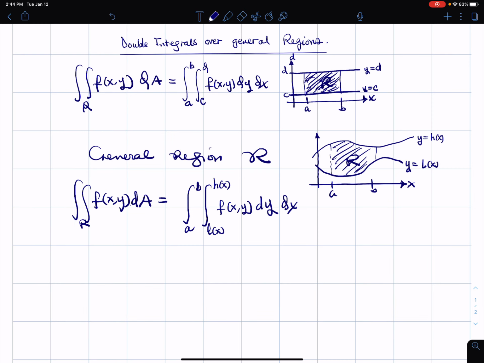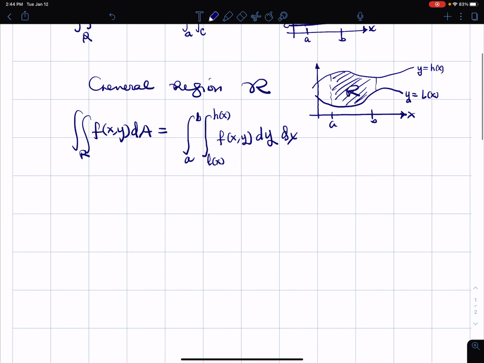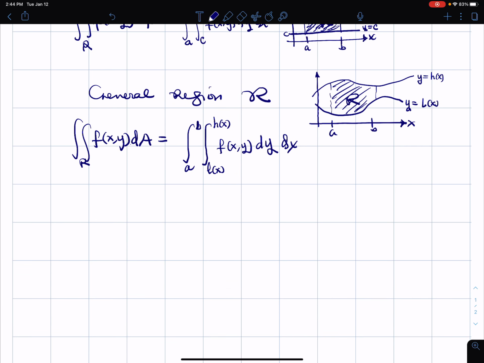So that's what we're going to be looking at. That's what we're going to be using from now onwards, and some different iterations, different manipulations of it.